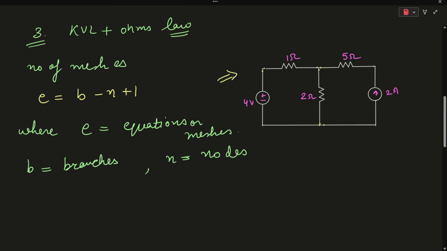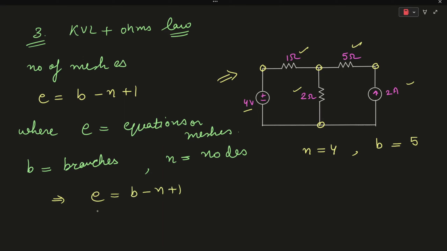As you can see, in this particular electrical network, there are a total of 4 nodes, so N will be equal to 4. Since there are 5 elements present in this network, the number of branches will be equal to 5. So the number of equations or meshes E = B - N + 1 = 5 - 4 + 1, which is equal to 2.